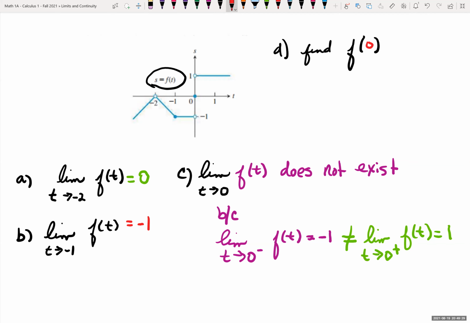All that's telling me is my t value is 0, and it's asking what my y value is when t is 0. Because I have an open circle up here, that's not defined at that point, but I have a solid circle here. So if I was evaluating f of 0, this would be equal to 0.